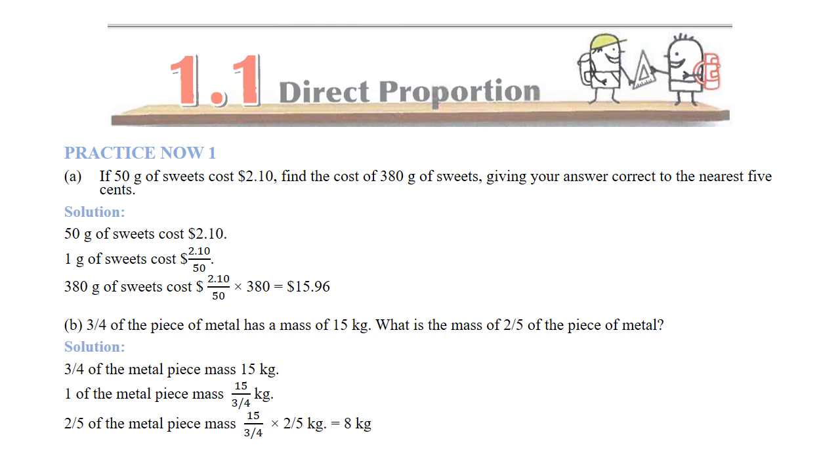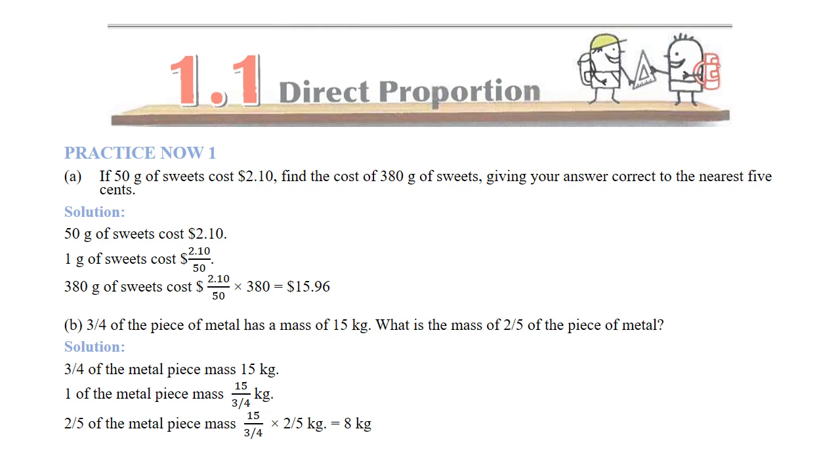So we have the same unitary method, and we see that the given information is 50 gram of sweets cost $2.10. Now dividing by 50, we get the 1 gram price, which is $2.10 divided by 50.